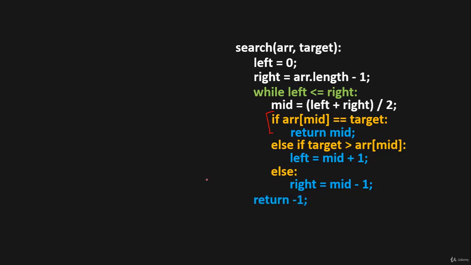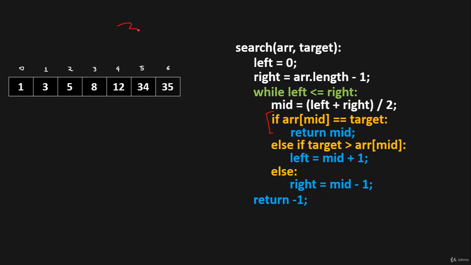Now let's see how this works. We're given this array and a target value 34. We have to find the index of this value 34 in this array. First, we're going to declare two pointers, left and right. Then we're going to find the middle, and 8 is the middle. Then we check, does the middle element equal our target element? No, 8 is not equal to 34.